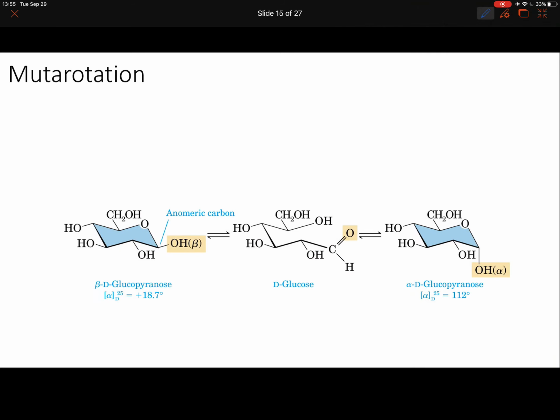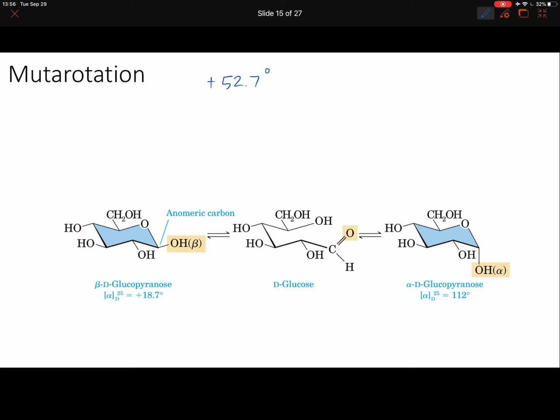Let's talk about mutarotation. This is a change in the specific rotation that accompanies the equilibrium of the alpha and beta anomers. Okay? For example, when either alpha D-glucose or beta D-glucose is dissolved in water, the specific rotation of the solution gradually changes to an equilibrium value of about, I don't think it's shown here, plus 52.7 degrees.